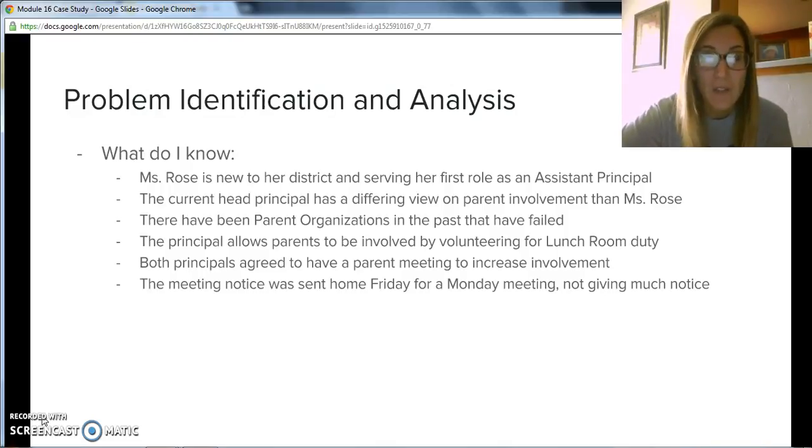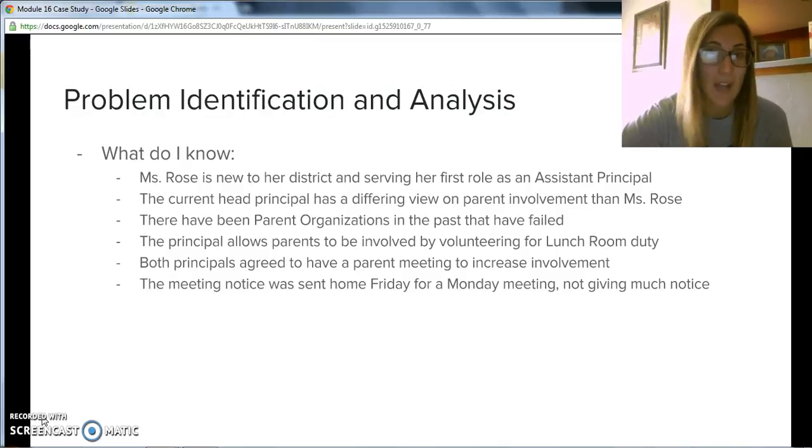He has had negative experiences and kind of failed experiences in the past with parent organizations, and Mrs. Rose is very excited and enthusiastic about increasing parent involvement. The principal does allow parents to be involved by volunteering for lunch duty, and both principals have agreed to have a parent meeting to increase parent involvement.